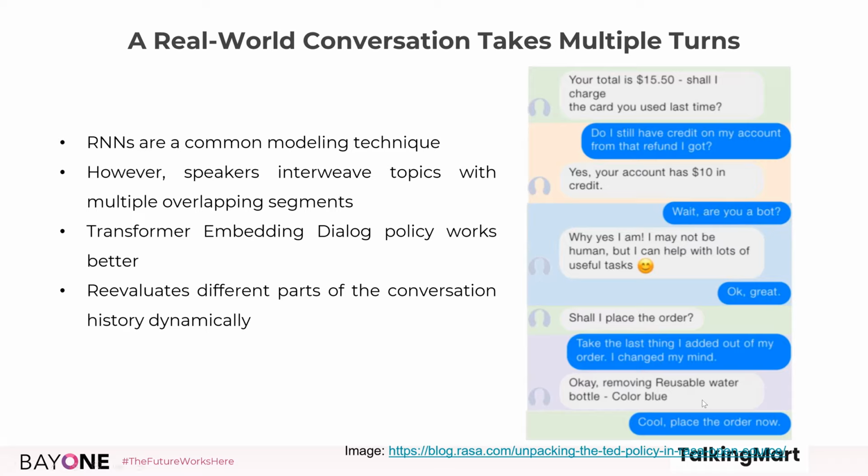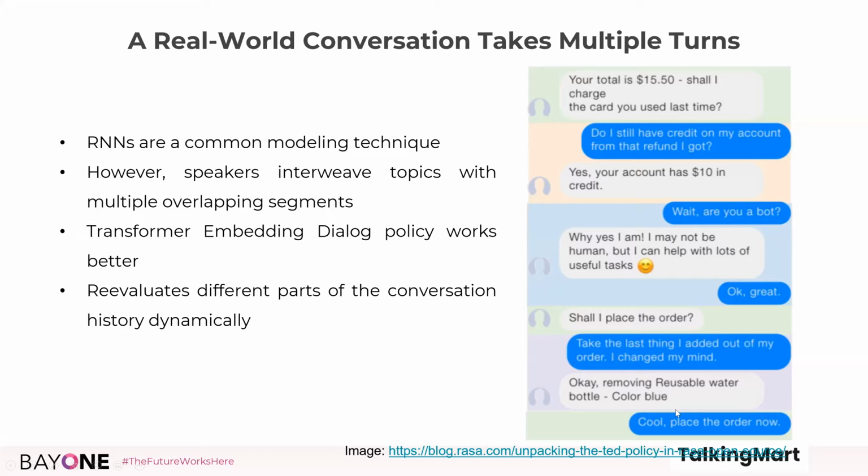And then, of course, this example gets even more complicated. Oh, yeah, sure, but take the last thing I added out of the order. They've not said what that last thing was. And the assistant is smart enough to say, hey, I'm removing this reusable water bottle. And now, in fact, what I should have done here in this example is say that your new total is 1225.